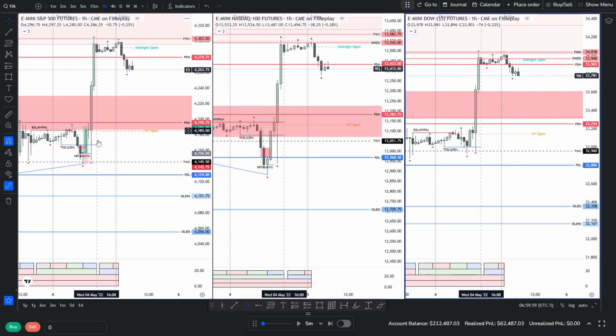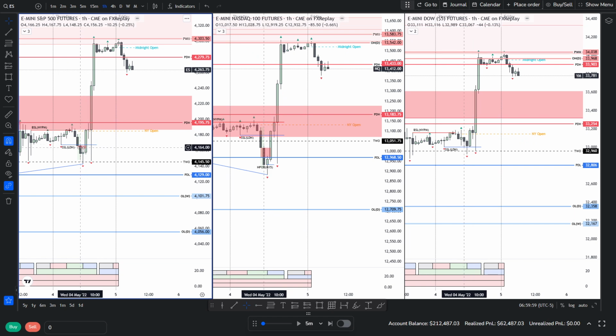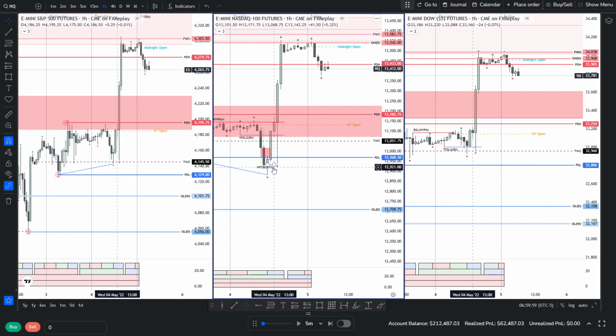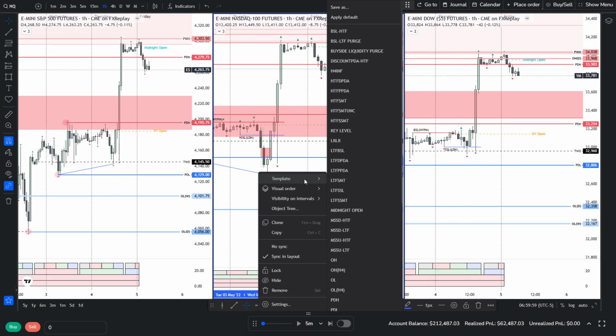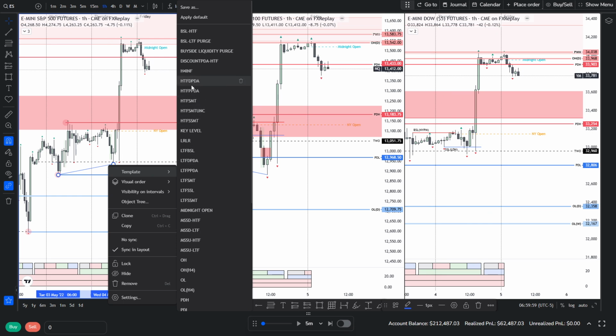So I'm going to clear out a lot of this stuff. We're anticipating liquidity to build up under here, so I'm just going to put unconfirmed, but it's not actually unconfirmed.